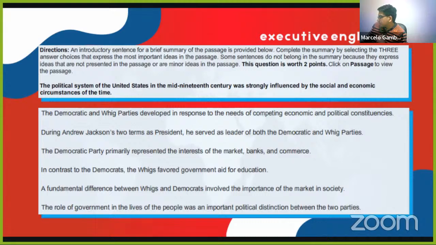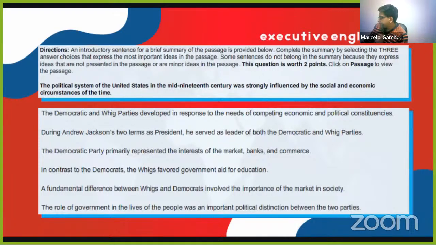Well, they talk about education, but not as a difference between the Whigs and the Democrats. They talk about it when they discuss the difference between Whigs from the North and from the South. Remember? Aid to education.